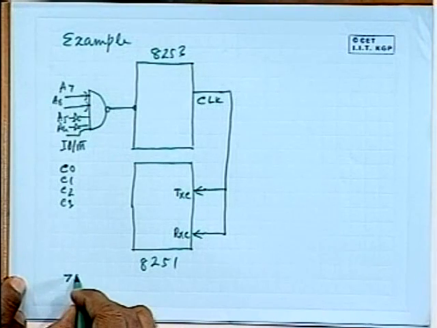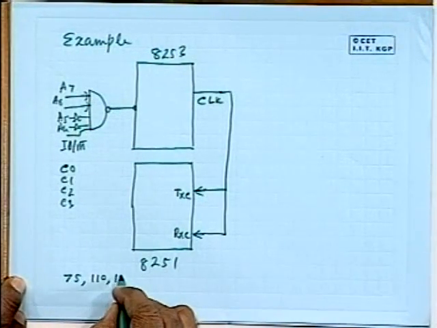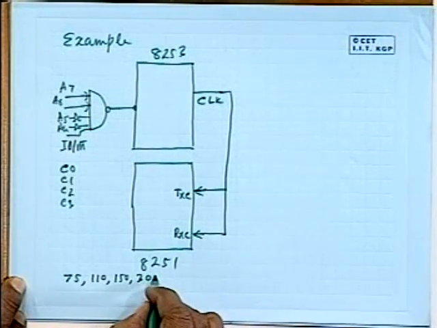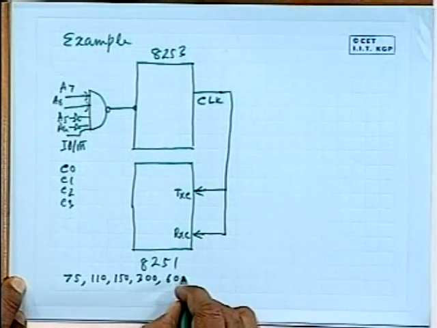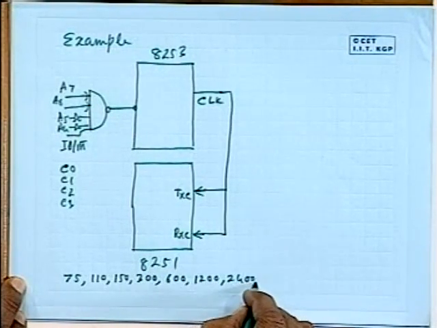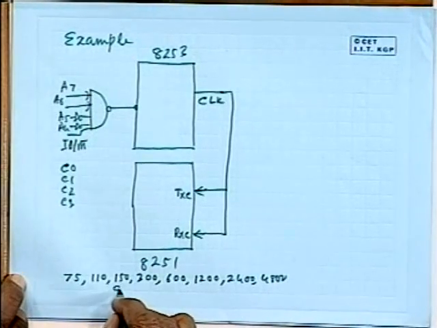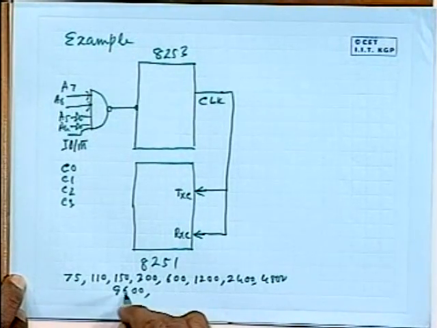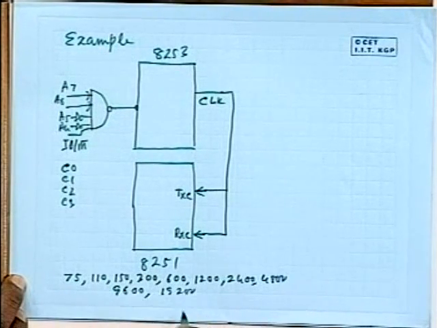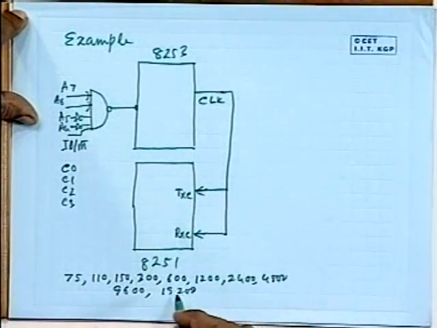These baud rates are 75, 110, then multiples of 75: 150, 300, 600, 1200, 2400, then 4800, then 9600, then 19200. So these are the standard baud rates which are used.